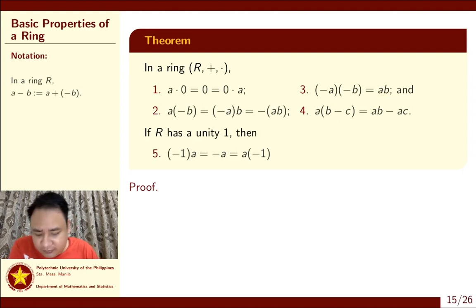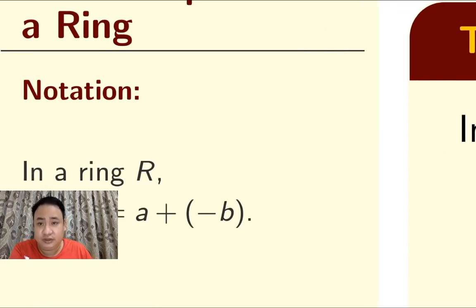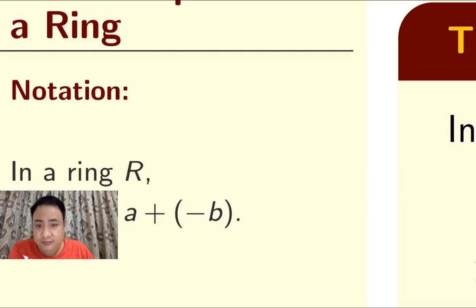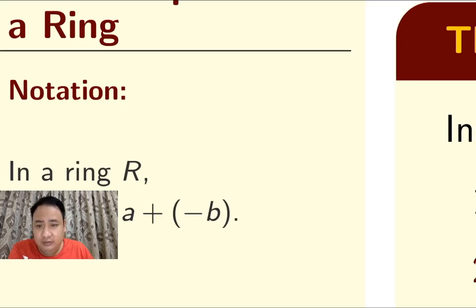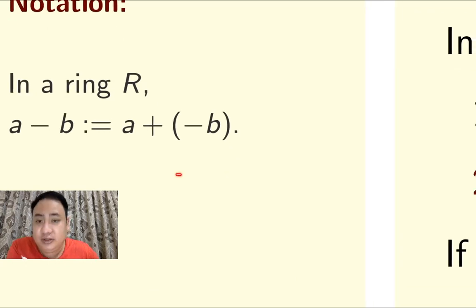Now, in a ring, take note of this notation. Nakikita nyo ba? Kapag sinulat natin A minus B, ang ibig sabihin talaga natin nun, A plus the additive inverse of B. Alright?